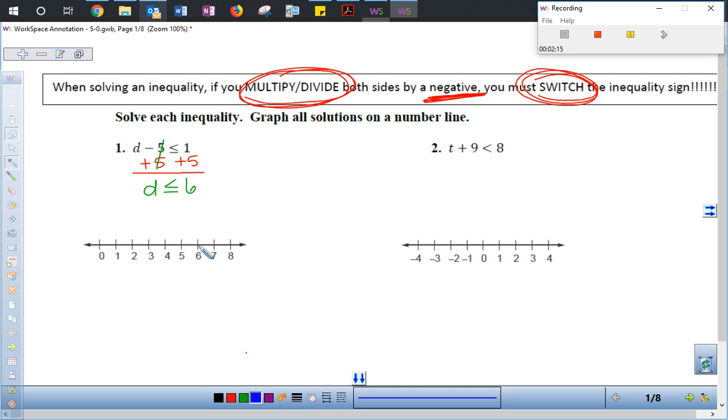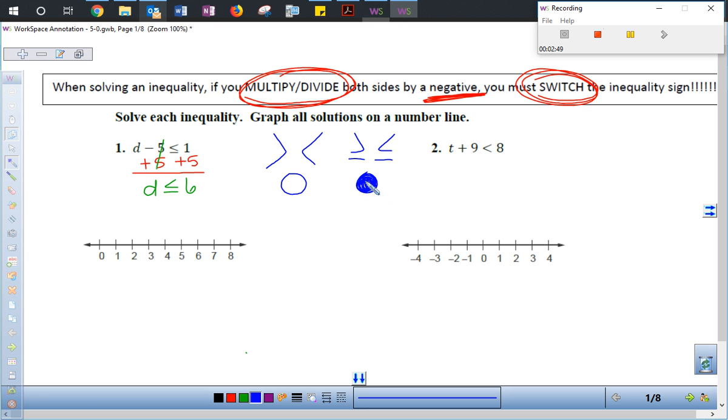Now, I need to put a dot on top of that number 6, but it depends on my inequality sign on what kind of dot I need to put. So if I have a greater than or a less than symbol, I'm going to use what's called an open dot. But if I use a less than or equal to, or excuse me, a greater than or equal to, or a less than or equal to, I'm going to use a closed dot where it's nice and filled in.